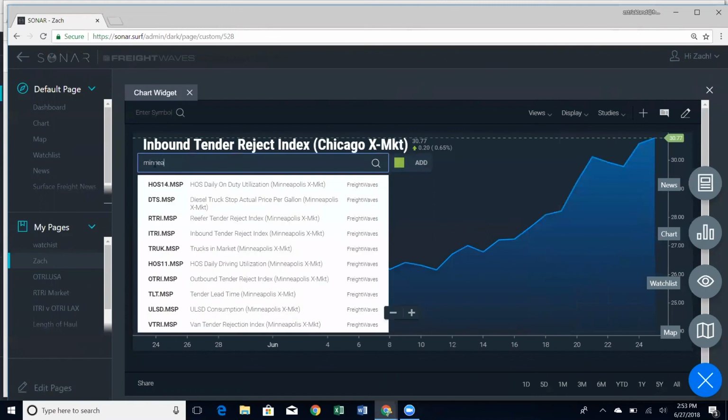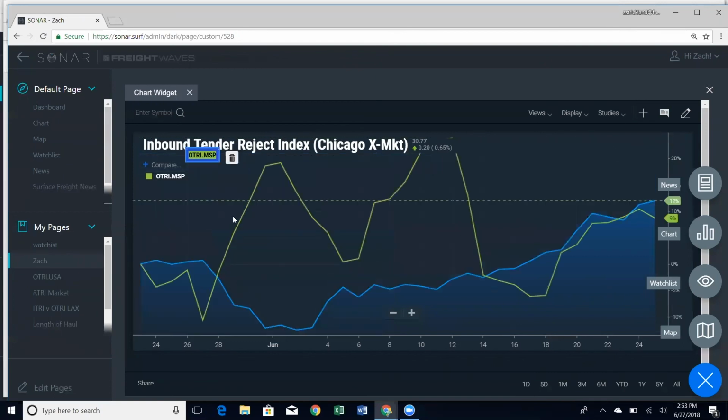I start typing in Minneapolis and you'd like to compare, let's say, outbound. So typing in the city, again, will show all of the available data sets for that region or that market, if you will. And then within the chart function here, you have the ability to really do as much or as little as you would like.